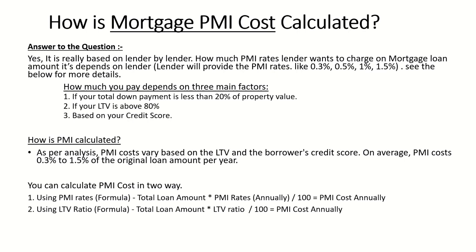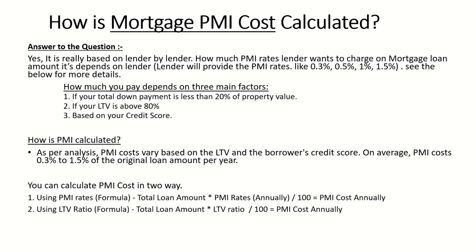How much you pay depends on three main factors. To pay PMI cost on the loan amount, it depends on three main factors. First, if your total down payment is less than 20% of the property value. Second, if your LTV is above 80%.